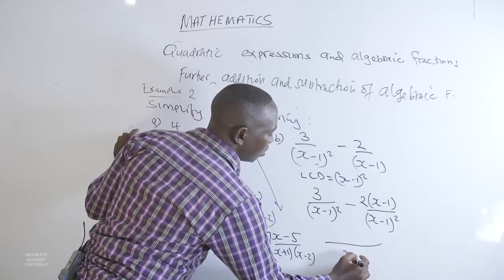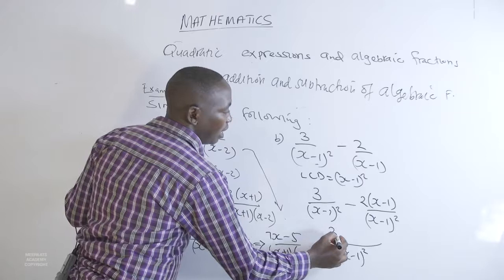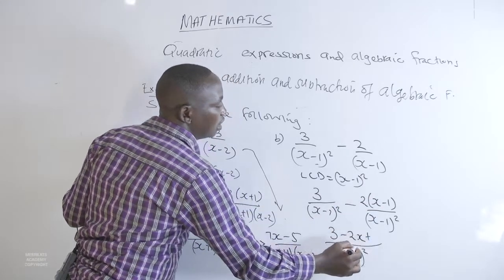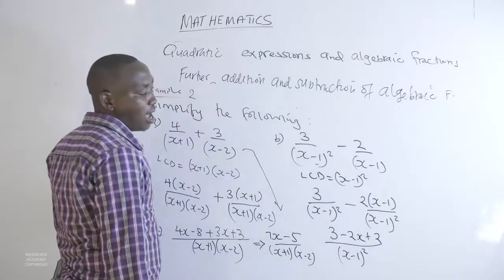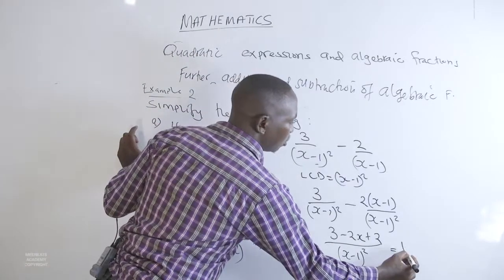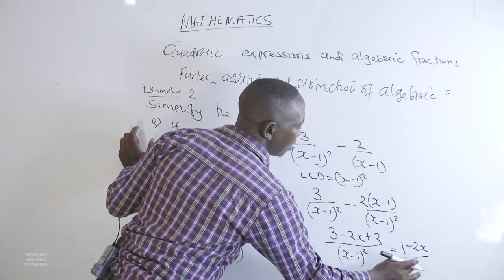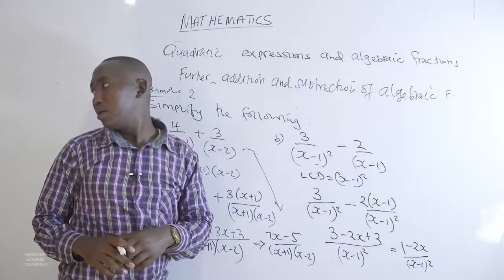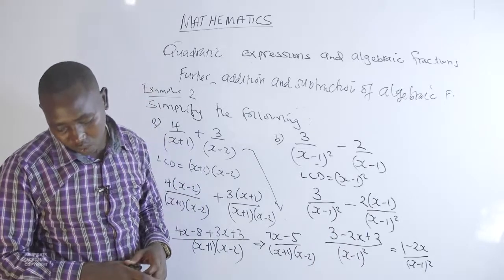That is x minus 1 squared. This will be 3 subtract 2 multiplied by x is 2x, added to negative 2 multiplied by negative 1 is 2, and 3 added to 2 will give us 5. So this is going to be 5 subtract 2x, all this divided by x subtract 1 squared.